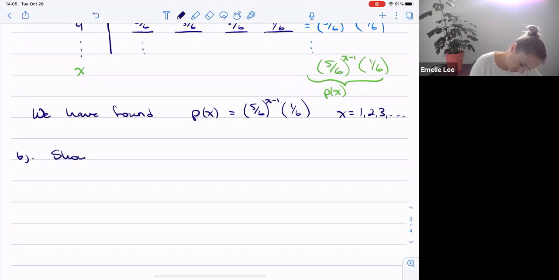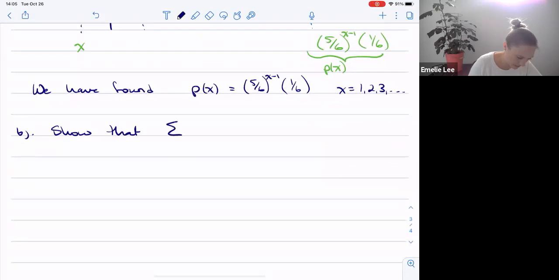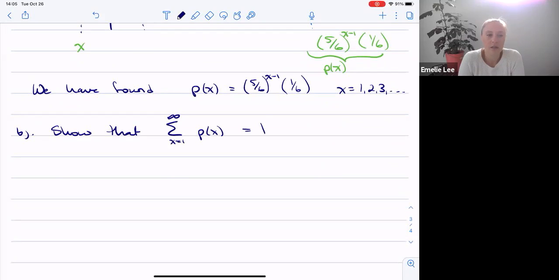We want to show this property: the sum from x equals 1 to infinity of P of x equals 1. This has to be true for any PMF. And then the integral has to integrate to 1 for a continuous variable. But for now, we're dealing with sums.